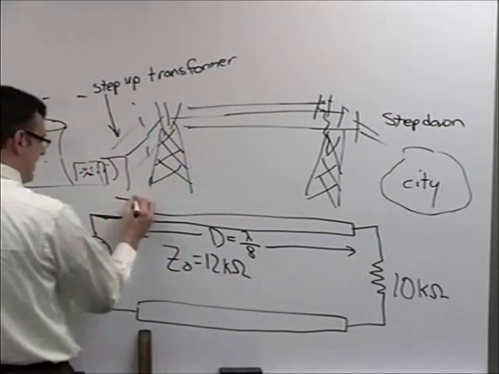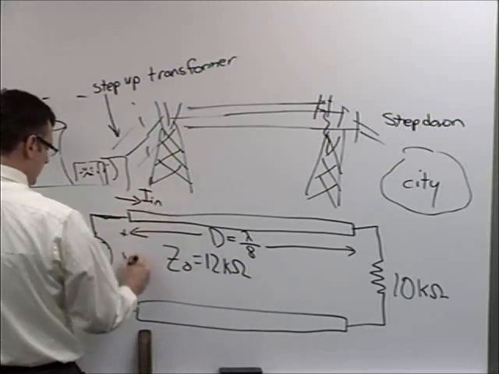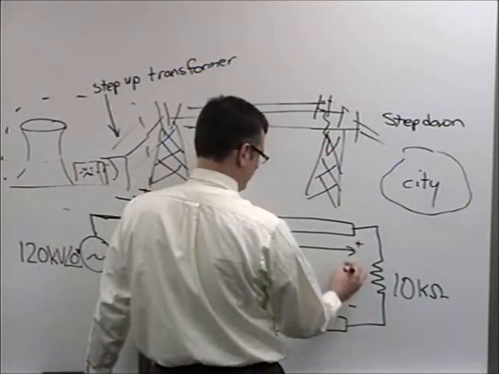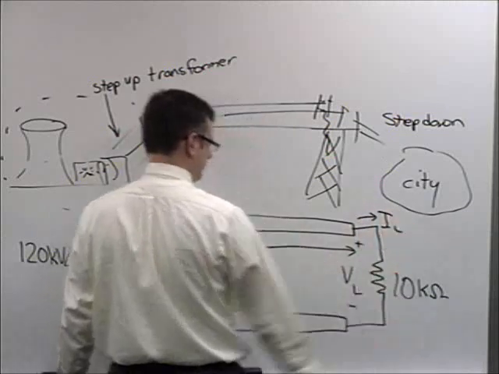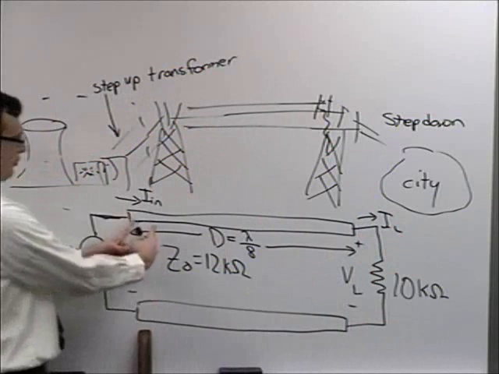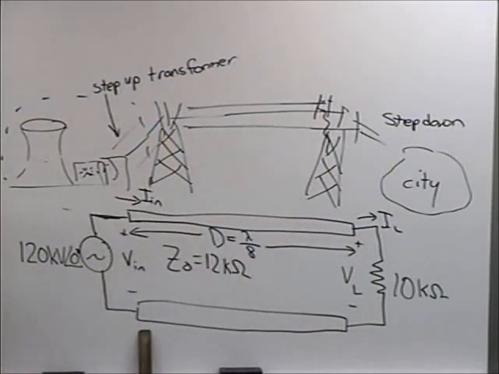And of course, we're going to have an input current and voltage that we're going to have to solve for, and an output current. And if this were an electromagnetically insignificant transmission line, this would be a trivial problem to solve. There would be no load transformation effects, and you just have 120 kilovolts across a 10 kilo ohm resistor. That's, of course, not the case.